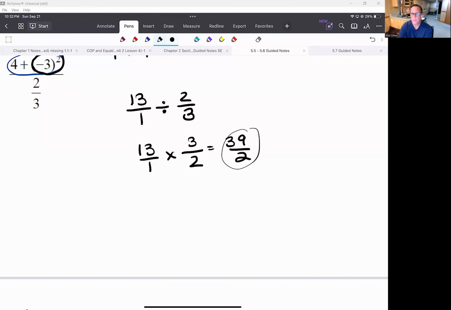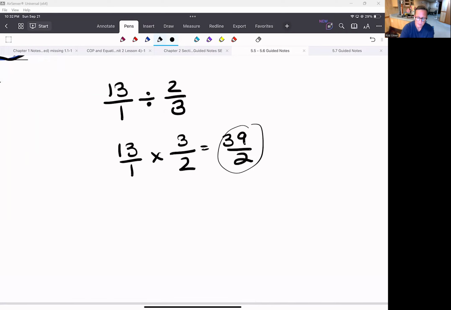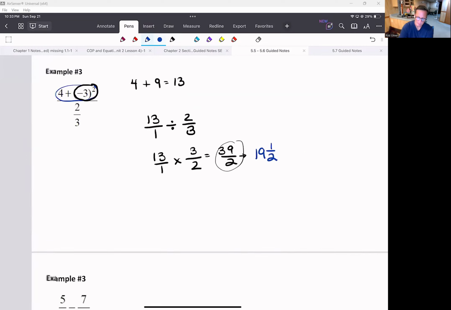The whole thing is a fraction. That's fine. That's okay. Some people think you can't have any fractions, but it's no longer a complex fraction. That's the key. And that is going to be what, 19? If we change that, that's going to be 19 and 1/2. 2 times 19 is 38, plus 1 is 39.